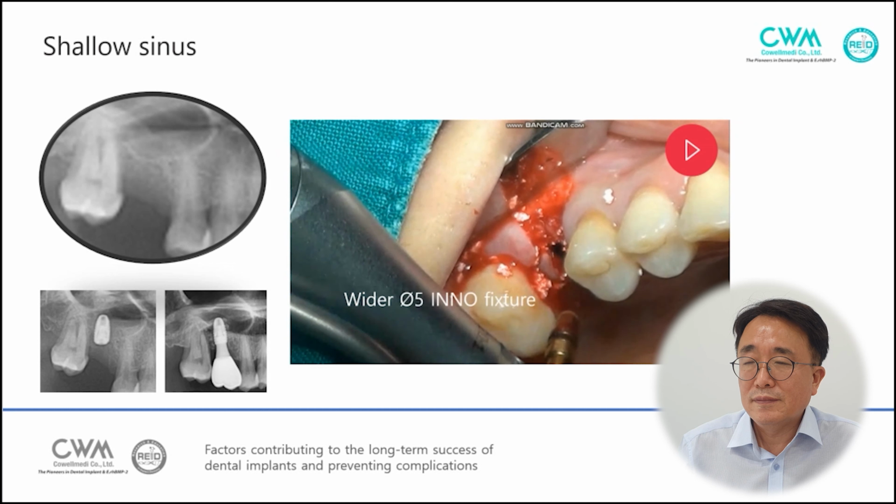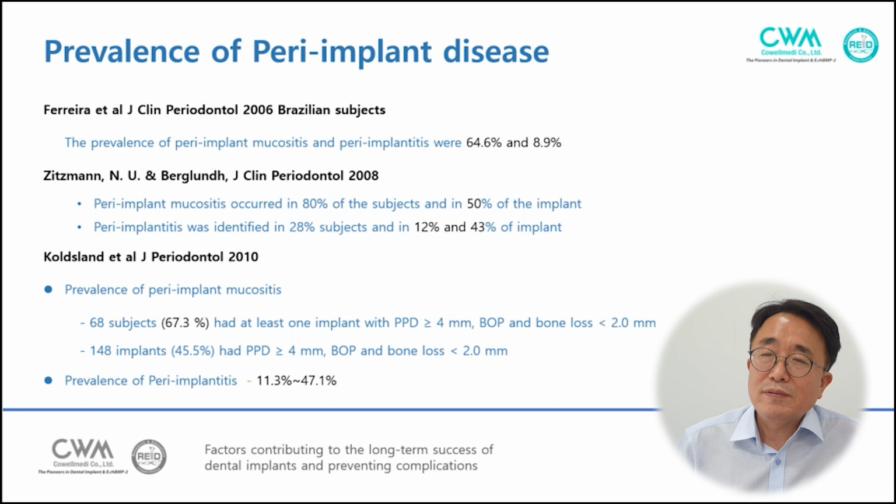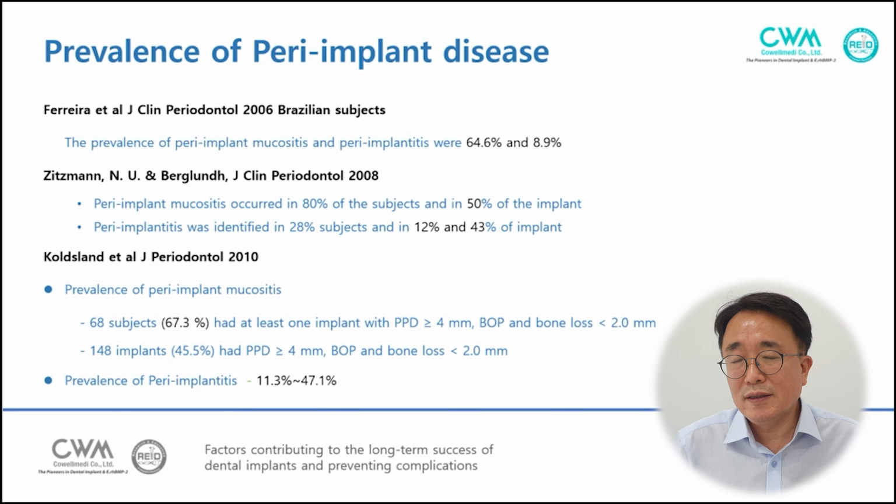How to solve peri-implant disease? The prevalence of peri-implant disease is about 60 to 80%.